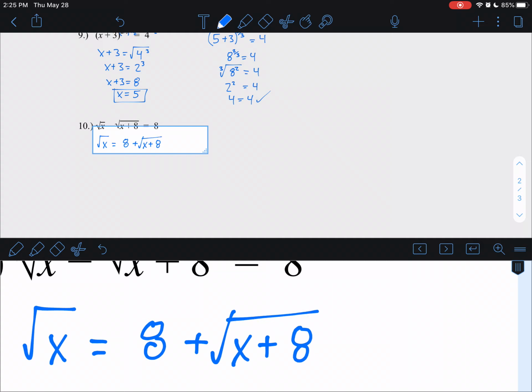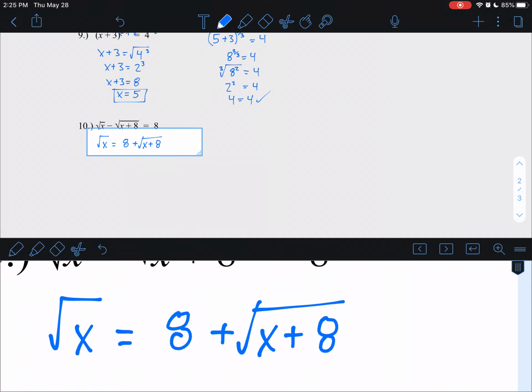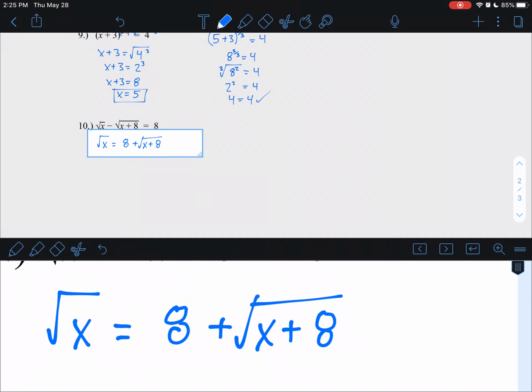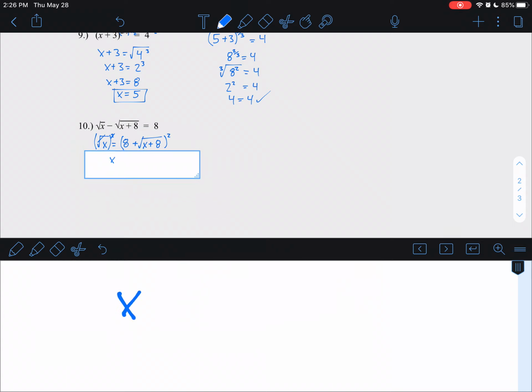So now I have the square root of x on one side, and that is something I can square. So I'm going to square it to get rid of the square root. If I square this side, it doesn't get rid of the square root because we have two separate terms. But over here, I know that this side is just x.